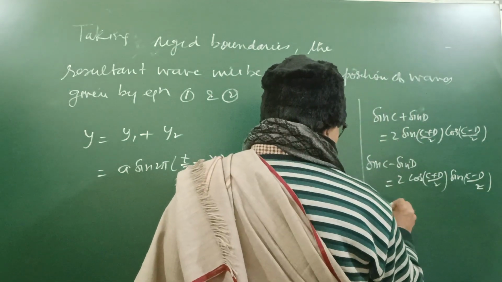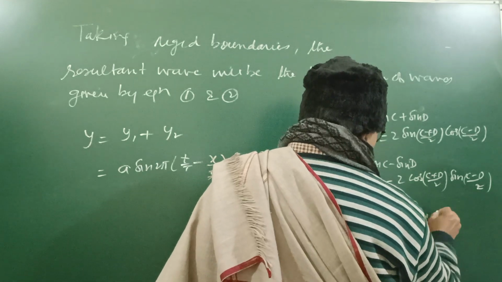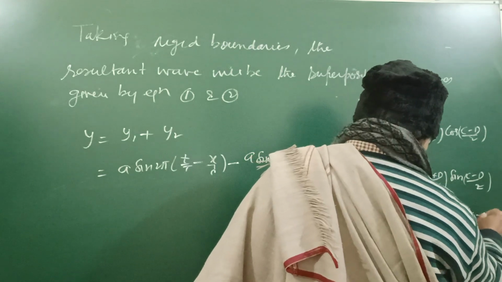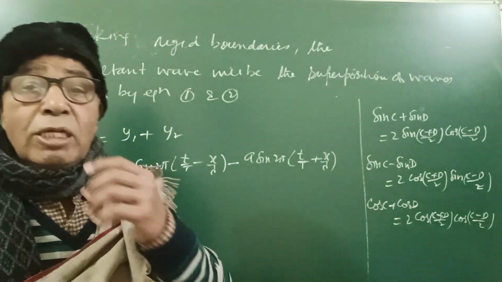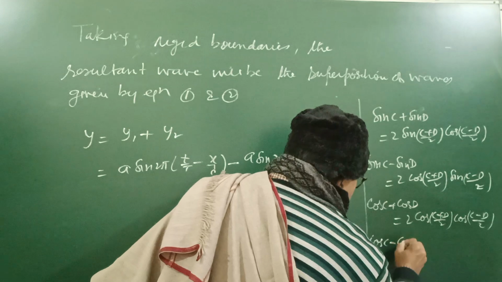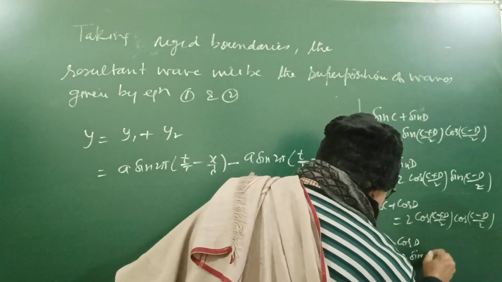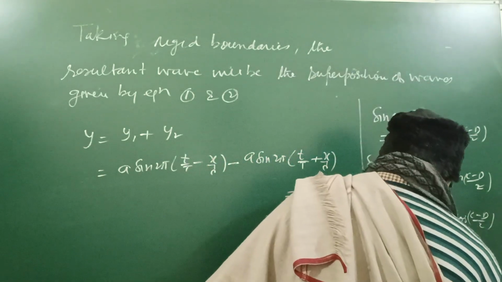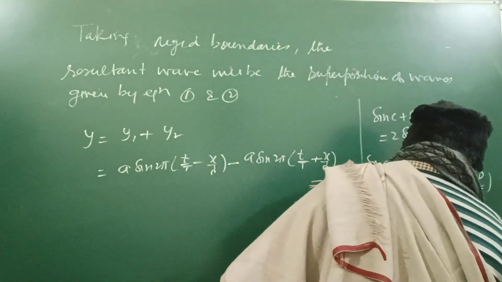Similarly, cos C plus cos D equal to 2 cos of (C plus D) by 2 cos of (C minus D) by 2. Learn these equations. Cos C minus cos D equal to minus 2 sine of (C plus D) by 2 sine of (C minus D) by 2.